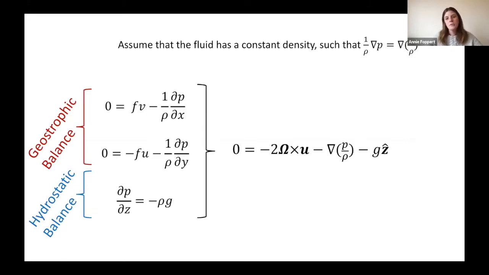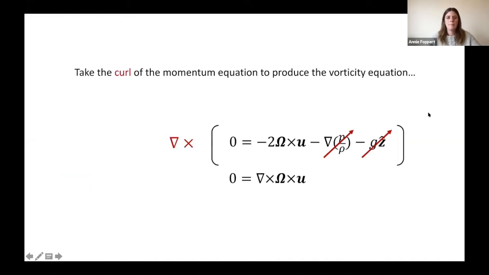So if you assume a constant density, and in fact you don't actually have to assume constant density, you can just assume a barotropic flow such that the density is a function of pressure alone, but for ease, we'll just assume a constant density. And so you can bring that density term into this gradient here. Then if you take the curl of the momentum equation, you produce a vorticity equation.